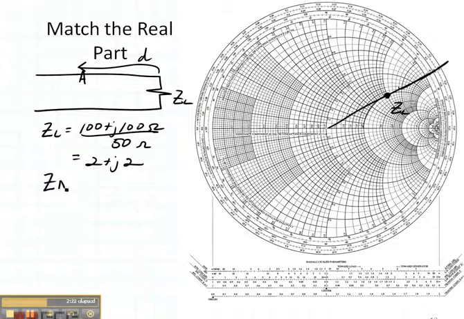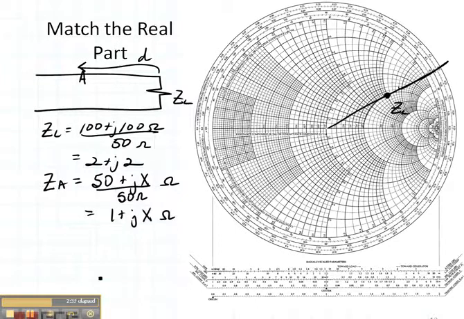So ZA, I want it to be 50, and I don't care what the imaginary part is yet because I'm going to use a stub to remove it. If I normalized this by 50 ohms, this would be 1 plus jX. I know I didn't change this because X was some random value before. When you divide it by 50, it's just another random value. So ZA is 1 plus jX.